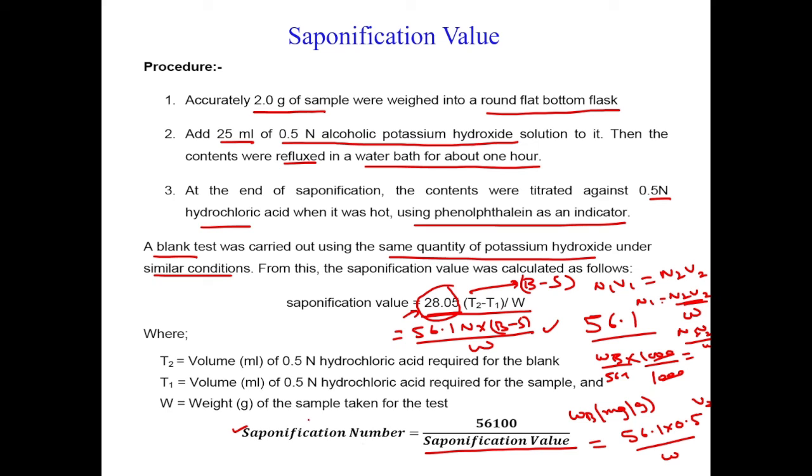Or you can also calculate the average molecular weight of fatty acid in a sample, which is equal to 56100 upon the saponification value.